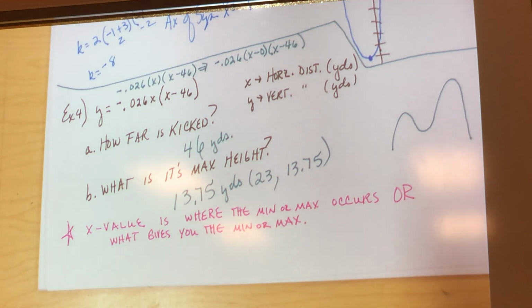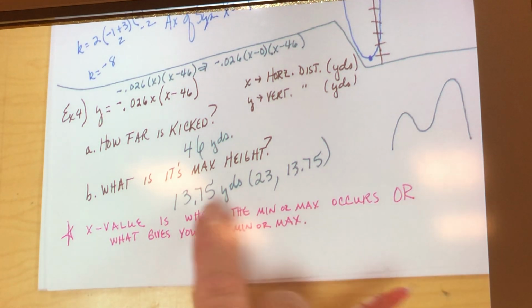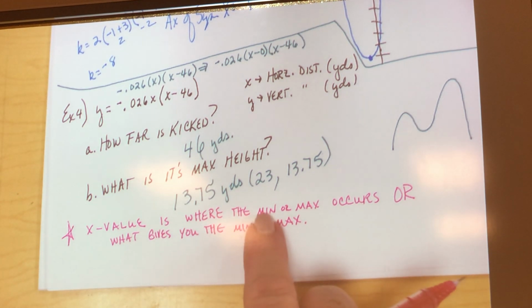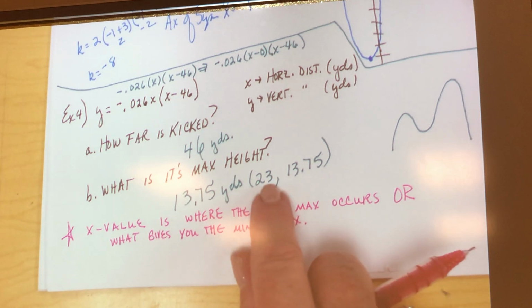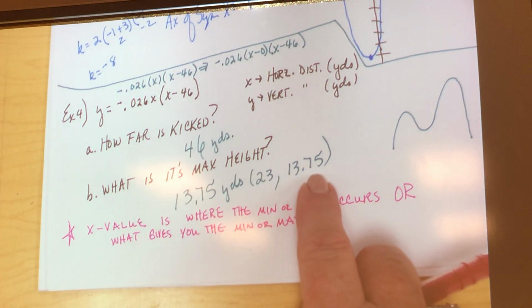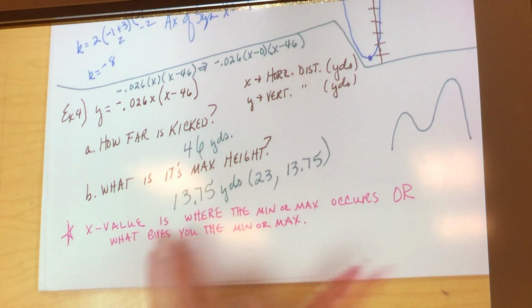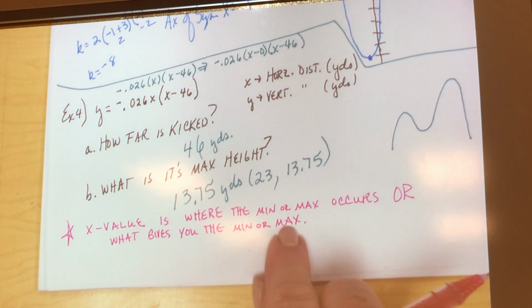Now, let me explain what I'm talking about when I say this. This one is obviously what we were just talking about. The x value, where does this min or max occur? 23 yards out from where he kicked the ball. He reached his maximum height of 13.75 yards. Do you understand? So what about this one? What gives you the min or max? Let's say that we had a business and we make bicycles. We want to maximize our profits. Do you agree?